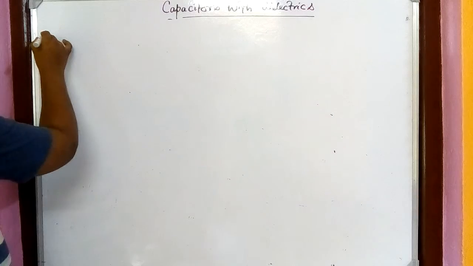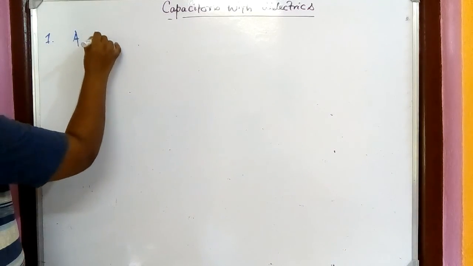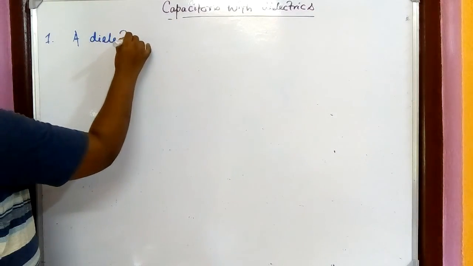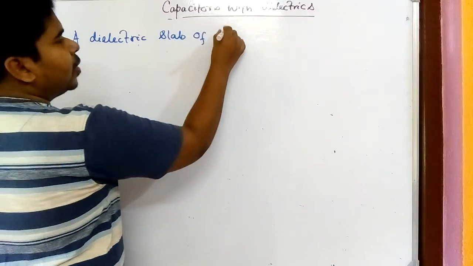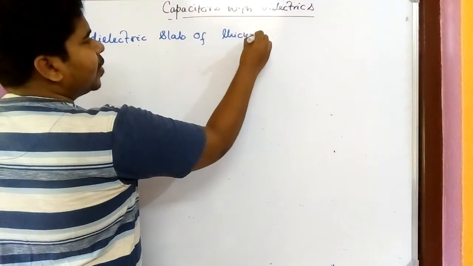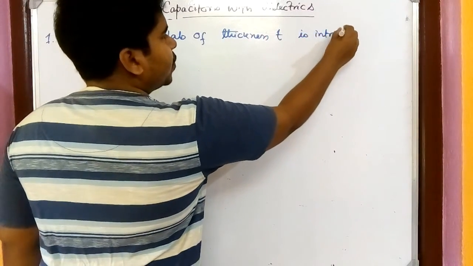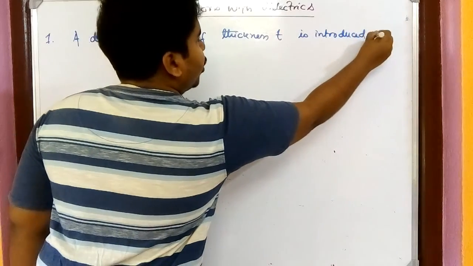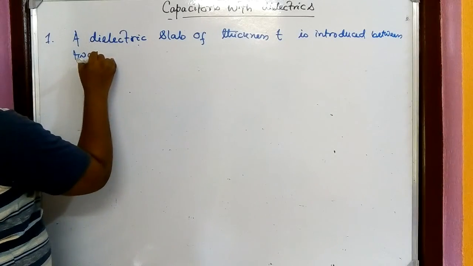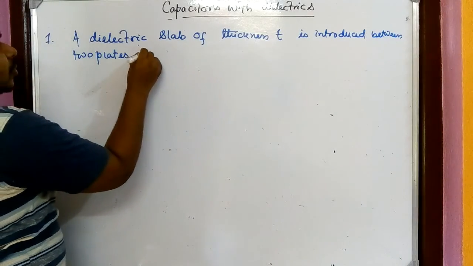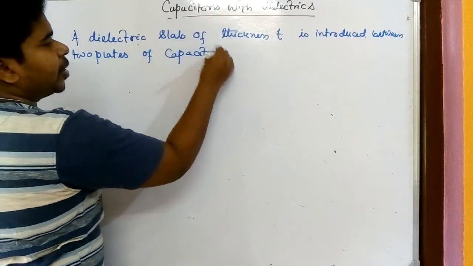So the first thing we have to learn here: number one, a dielectric slab of thickness t is introduced between two plates of a capacitor. Okay, so the thickness is mentioned here.